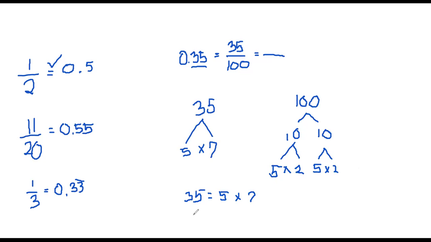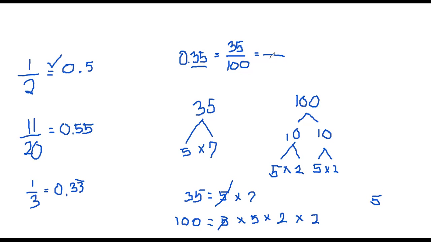Si 100 naman, ang factor niya is 5 times 5 times 2 times 2. So, may 5 tayo dito, may 5 tayo dito. So, 35 and 100, they are divisible by 5.